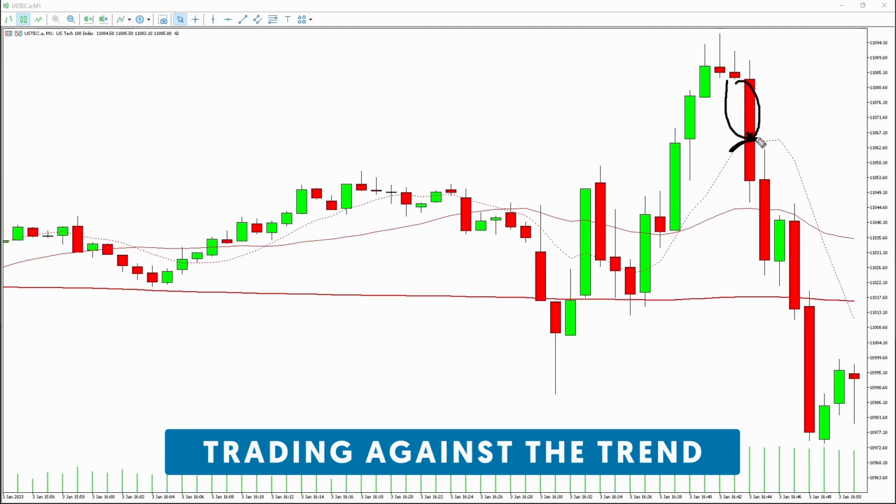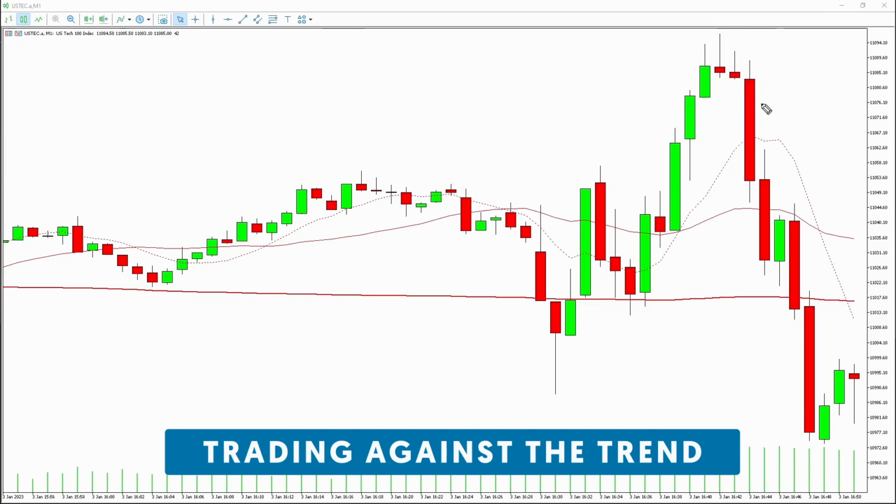We need to wait. We can have a big green candle appearing here, and this would be a possible signal to go long. But we need to wait to see what happens. What happened here is that the red candle broke the moving average. So we don't expect a big move, and actually look at the size of this big red candle.